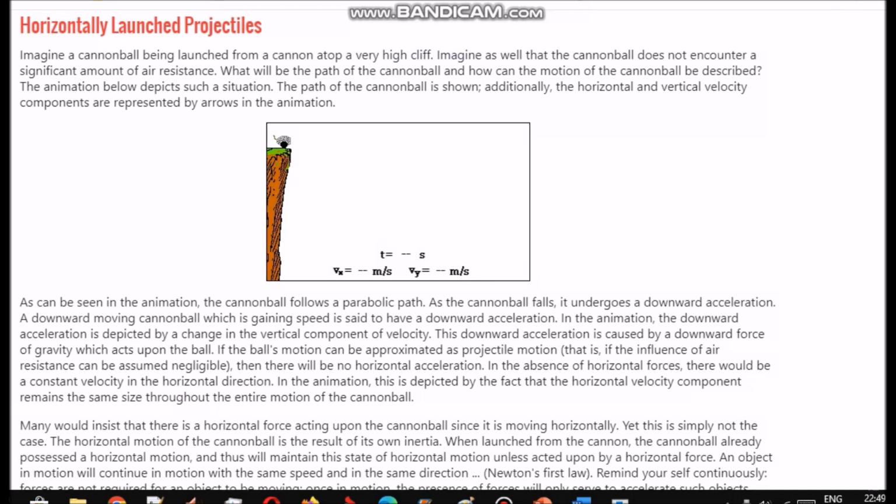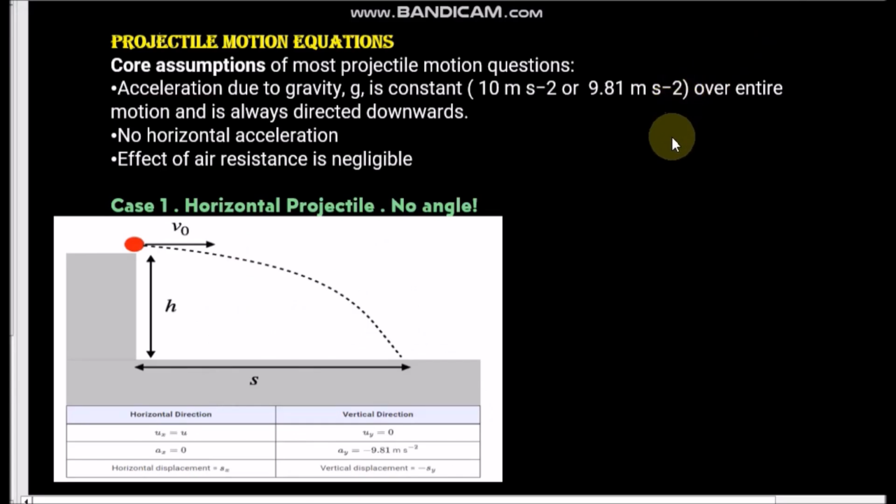For this case we have different equations, so let's derive them one by one. For the horizontal projectile case, as we said, no angle, just horizontal, projected like this until the object arrives here.